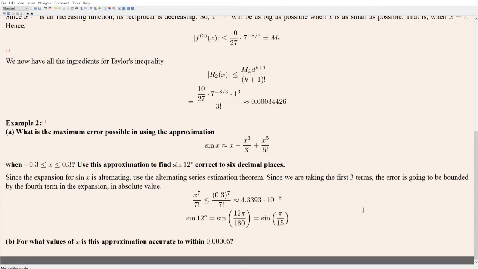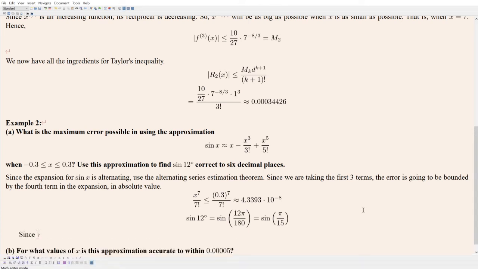Pi over 15 is about 0.2. So that's within the zone that we are considering.